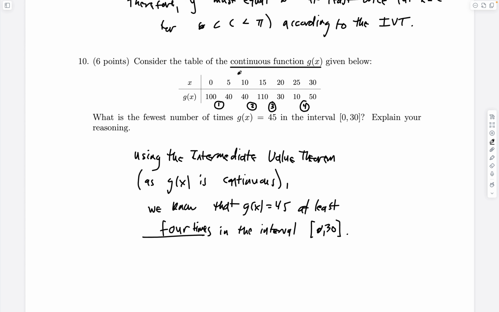You're only seeing a snapshot of a couple pieces of the graph. You don't know what the real graph did. So maybe it crossed like 100 times, but there's no way to prove that. I can only prove 4 times, and that's okay. Four is 4. I got some information. I only know so much based on only the y values. Okay, all right, there we go. Question 10, wrap up there.